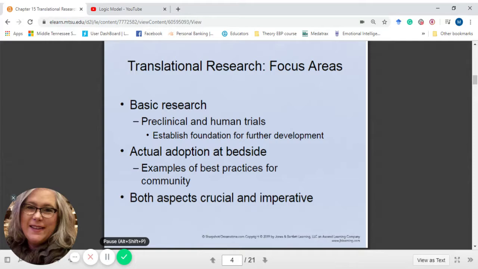So as we talked about in the beginning of the course, we have basic research, which is preclinical and human trials. So let's take the example of creating this vaccine for coronavirus. Scientists are in the process of trying to figure out how to best approach a vaccine so that humans can get the vaccine, and then we develop antibodies against the virus, and then when we are exposed to the virus, we can combat the virus by having our antibodies attack the virus, and then we are not sick, right?